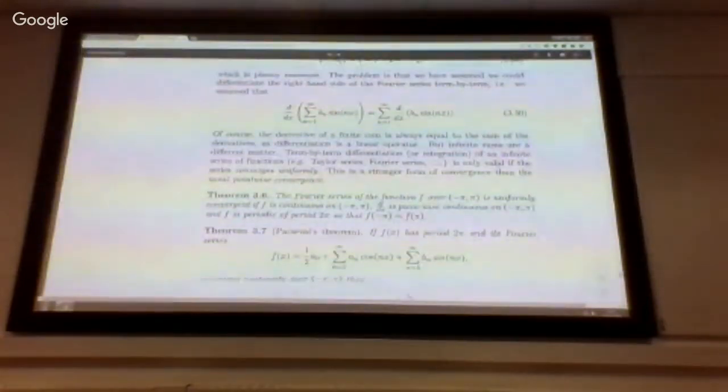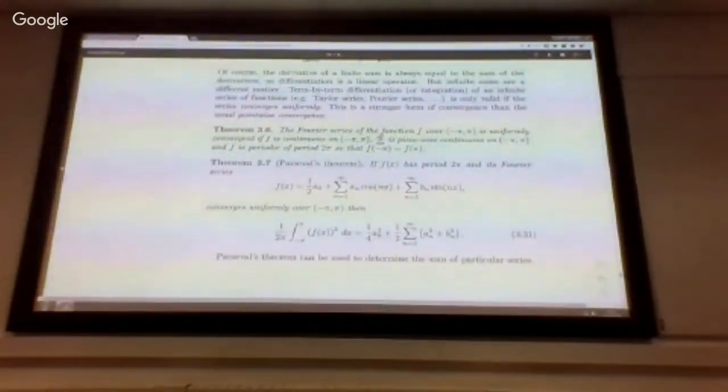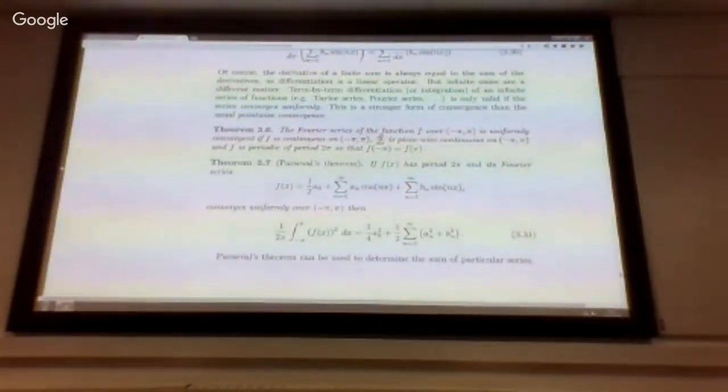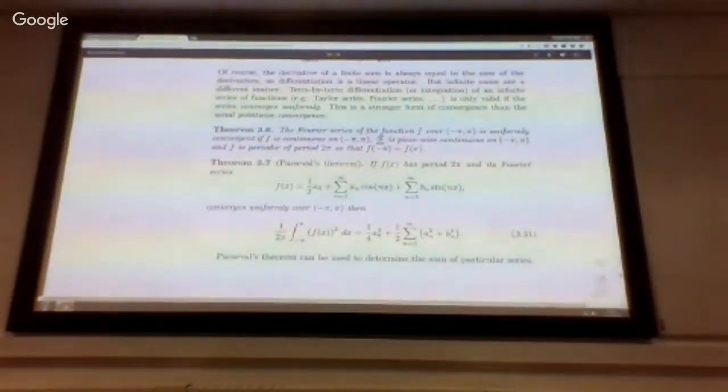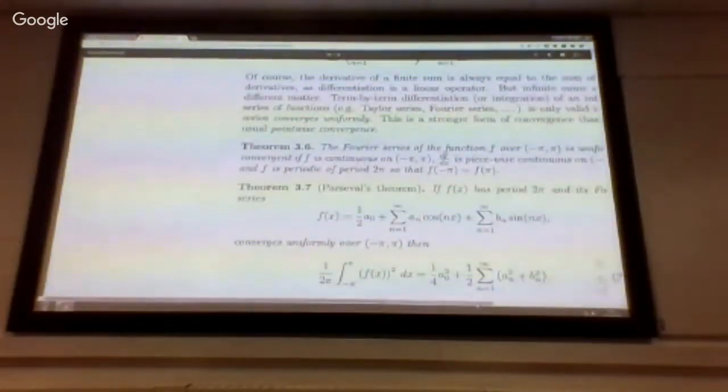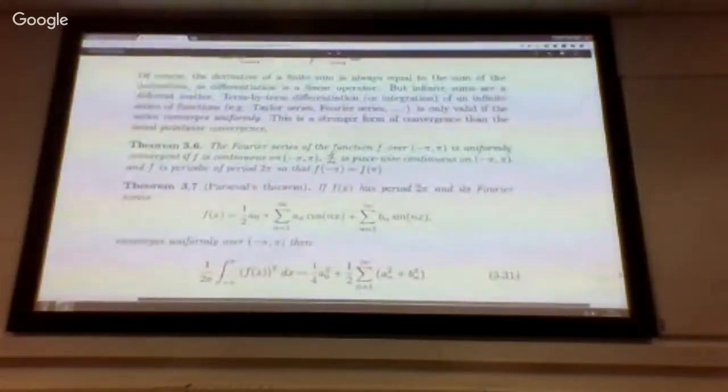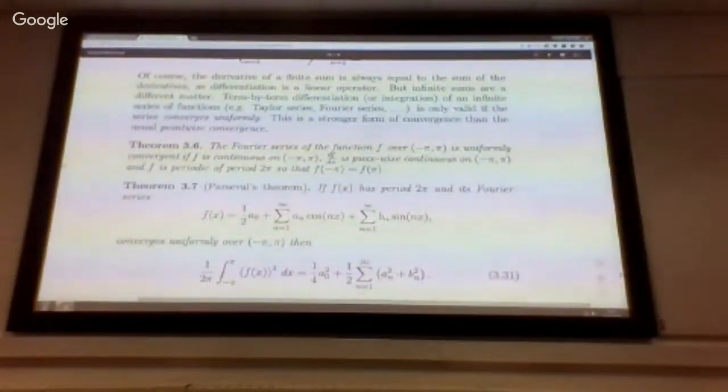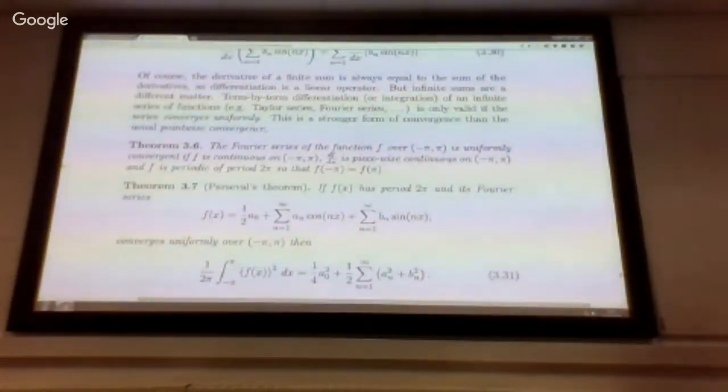If we look at the rest of the statements here, we can appreciate at least what's going on with these results. I'll give you a kind of proof for Parseval's theorem. But theorem 3.6 is the key technical one. It gives us conditions which guarantee that the Fourier series converges uniformly to the limiting function.